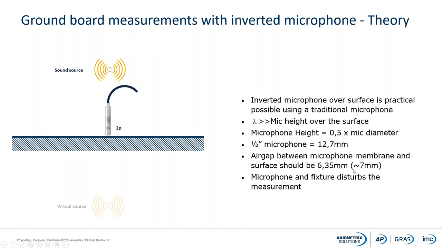So in the standard, it is written 7 millimeter for a half-inch microphone. And then, of course, you still have a problem because you're putting the microphone in the sound field, and you're also having a fixture on the side in the sound field here. And therefore, I'm going to try to show you what sort of advantages and disadvantages it is with this setup.